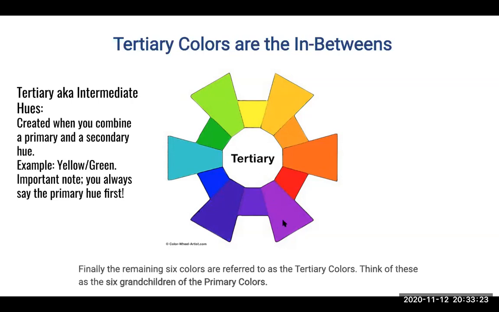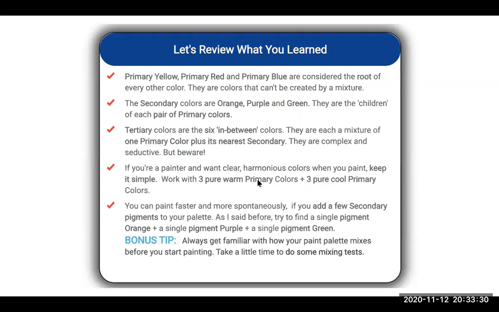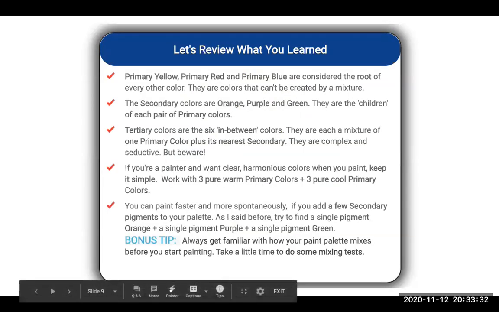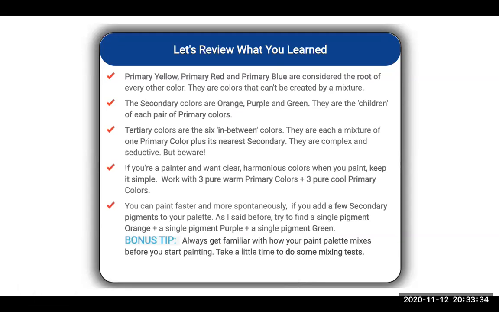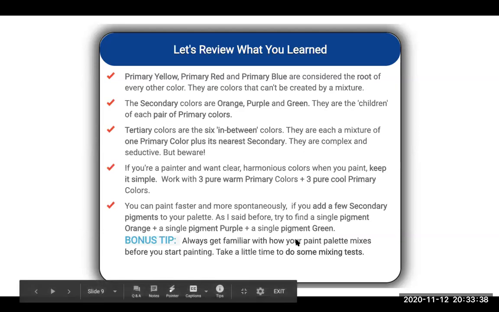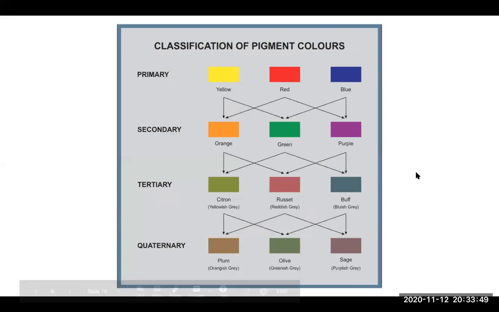So I think these ones don't really exist on any sort of polar opposite level. And so you can paint faster and more spontaneously if you add secondary pigments to your palette. Disregard that. We're just going to stop reading this.